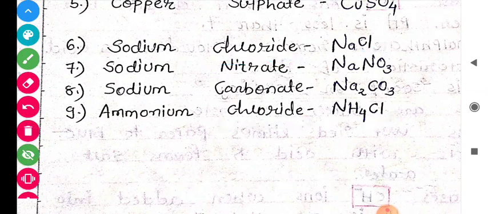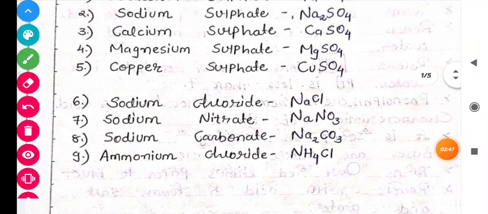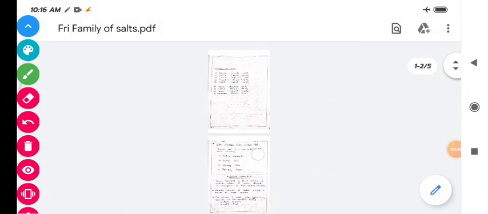And three salts, sodium chloride, sodium nitrate and sodium carbonate, contain sodium as their basic cation constituent. So this is called the sodium salt family. So these are some common examples of the family of salts.